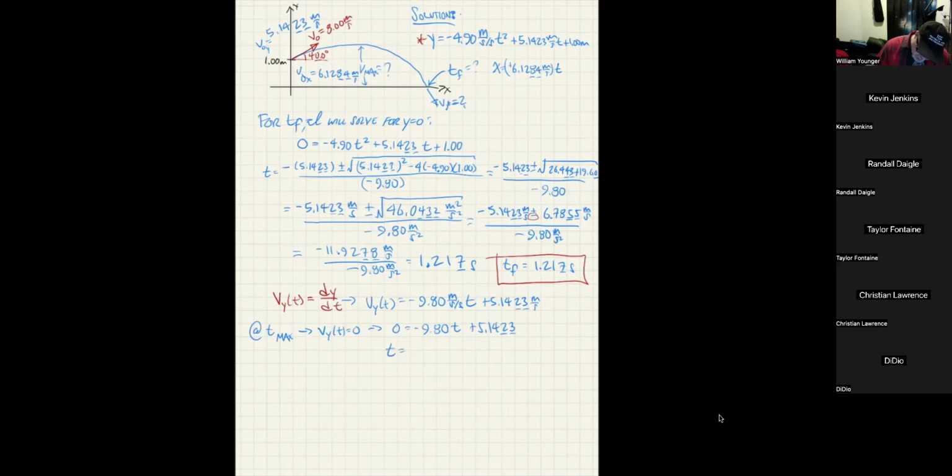Again, already worked out the details on the units. So I get t is equal to 5.1423 meters per second divided by 9.80 meters per second every second. So that's just going to give me seconds. So let me take this 5.1423 and divide that by 9.8. And that gives me 0.5247.